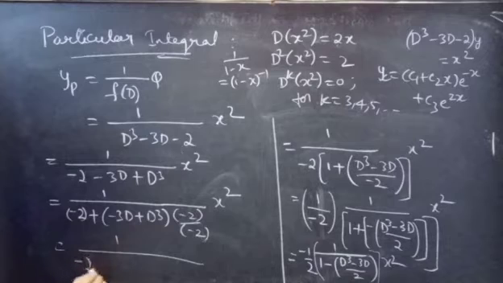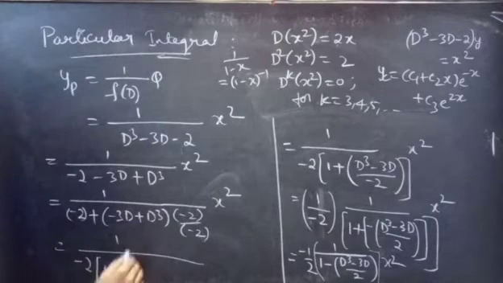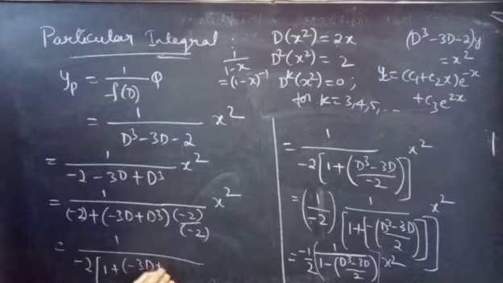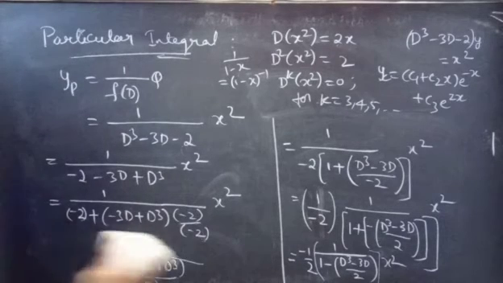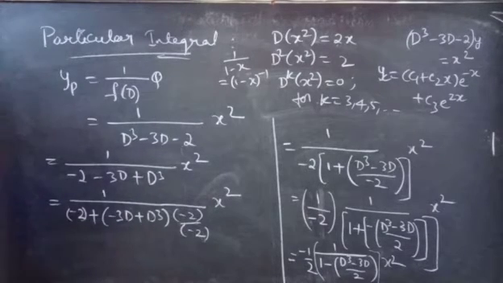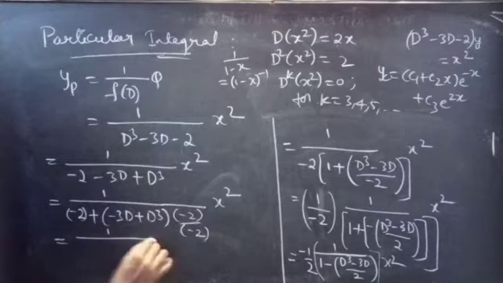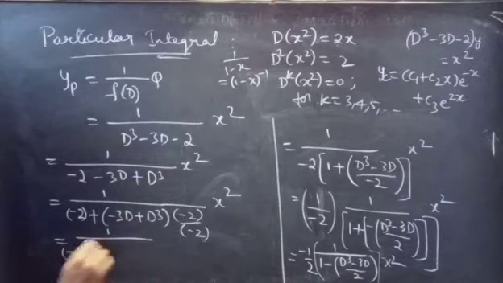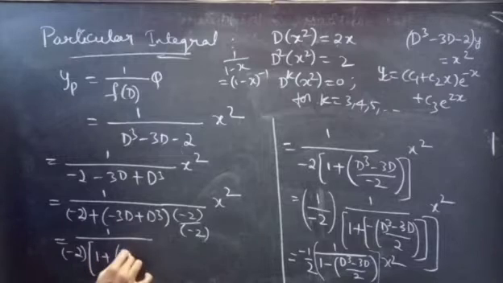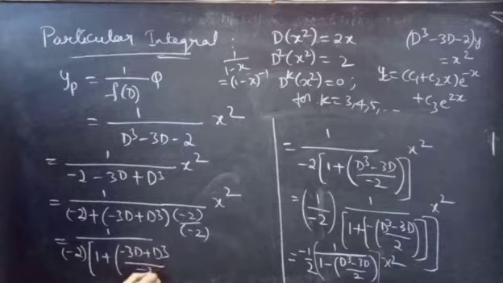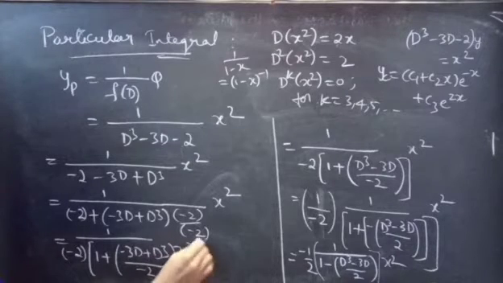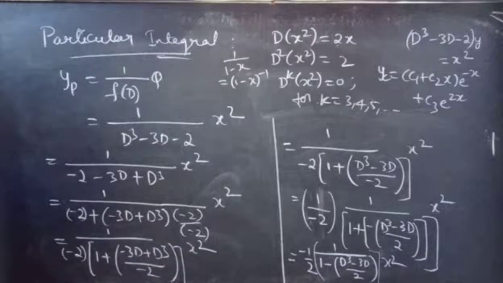We'll get minus 2 into 1 plus minus 3D plus D cube by minus 2. Okay, I'll show you clearly. 1 by minus 2 into 1 plus (minus 3D plus D cube by minus 2) into x square, right?